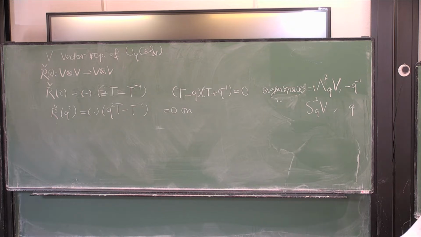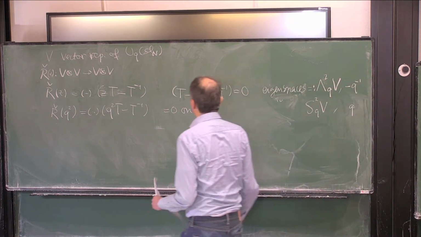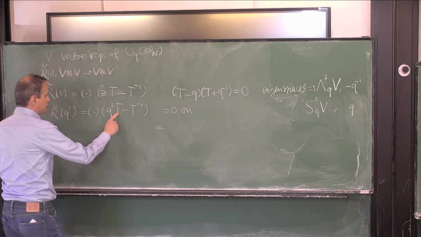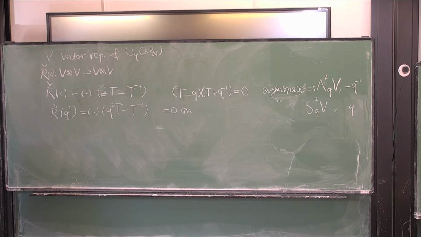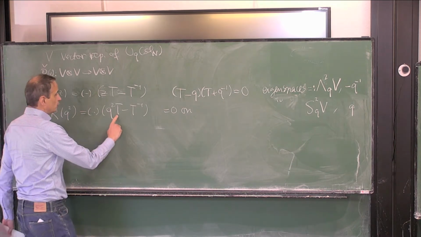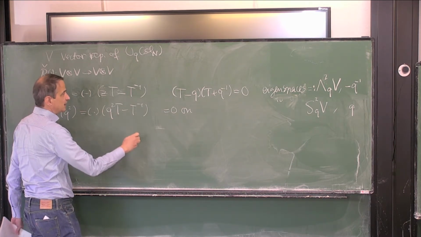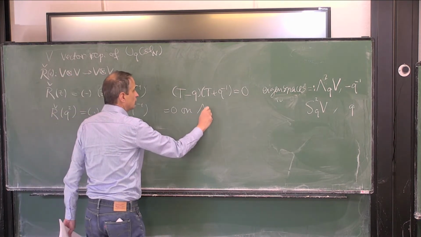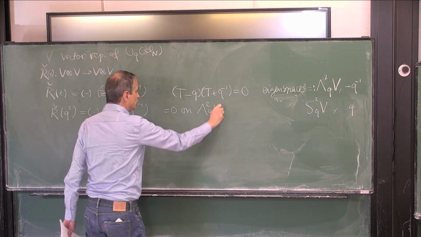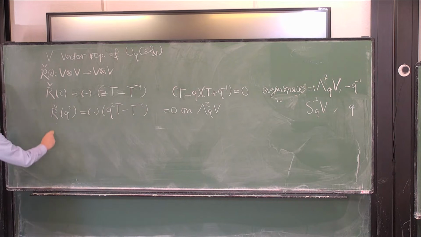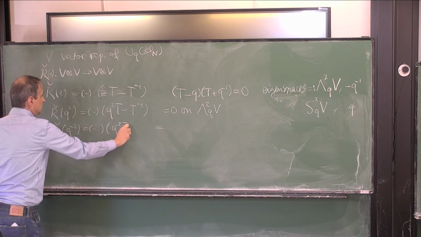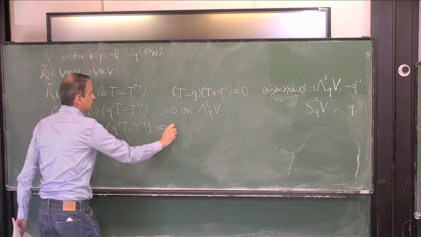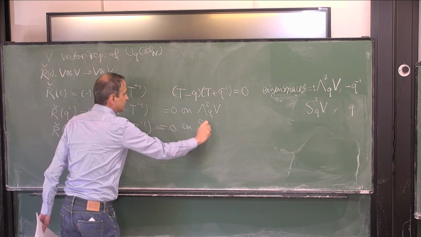And so now, if you are on an eigenspace of T with eigenvalue Q minus Q inverse, you will get 0. So this will be on wedge Q, and R check of Q to the minus 2 will be 0 on this other eigenspace.